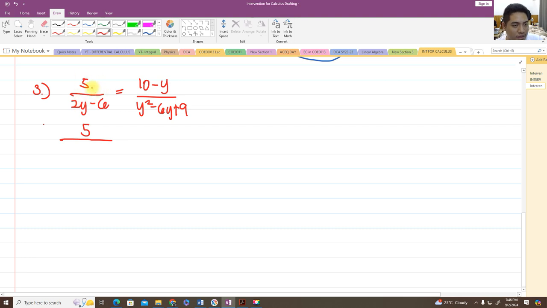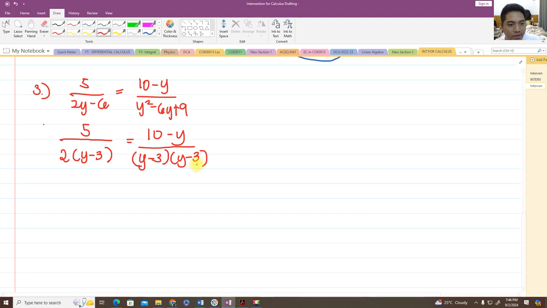In the left-hand side of our equation, we can factor out 2, so it becomes 2 times (y minus 3). If we factor the right side, that would be (y minus 3) and then (y minus 3). Okay?